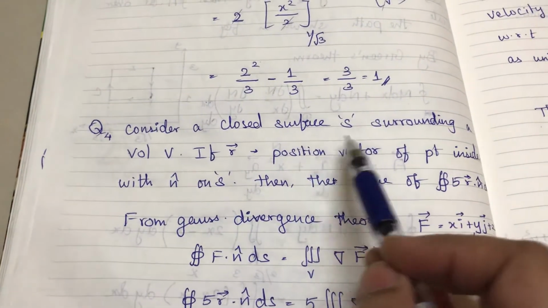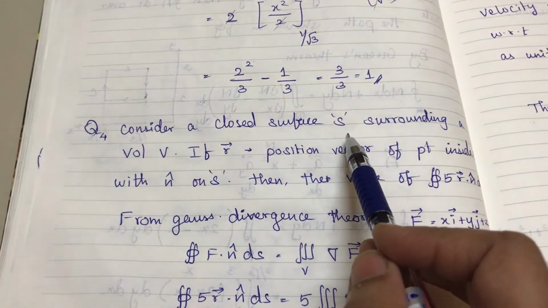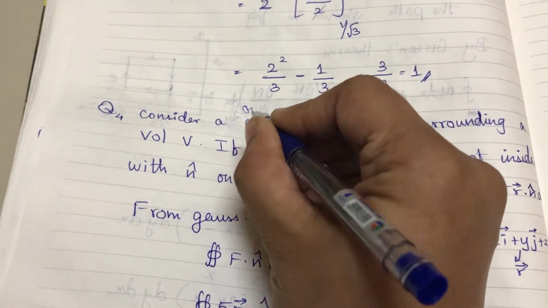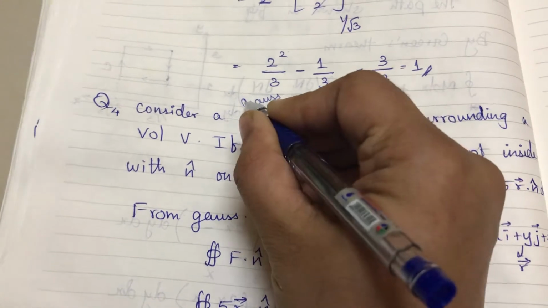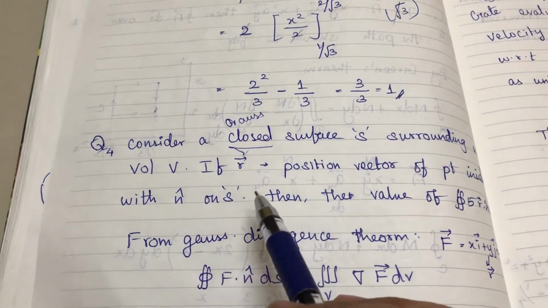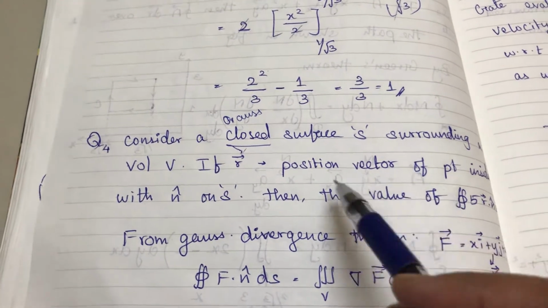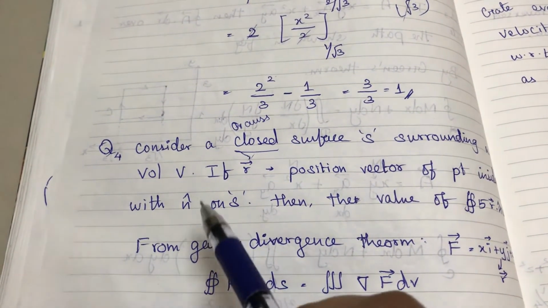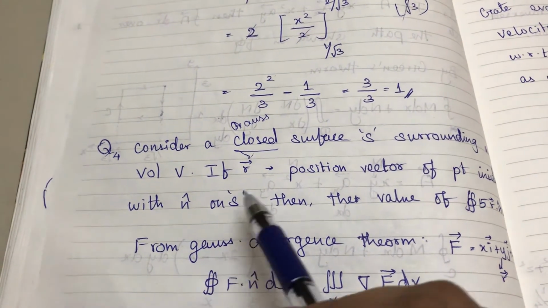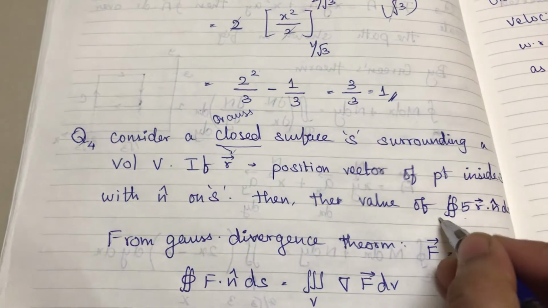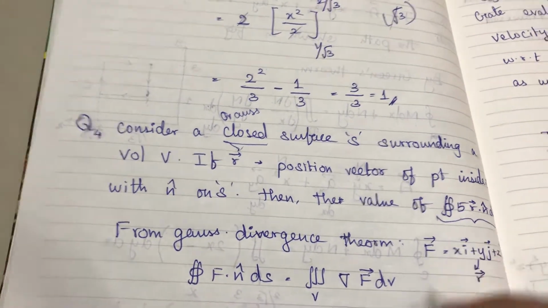So the surface is S, right? It's a closed surface. Surrounding the volume V, if R vector is a position vector of a point inside with n cap on S, then the value of this one, so it is like the left hand side, okay?